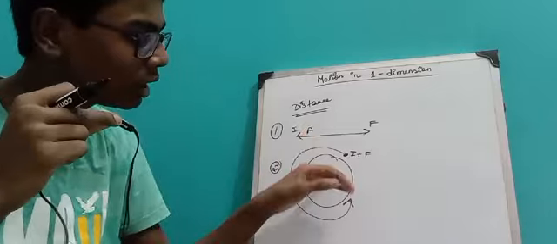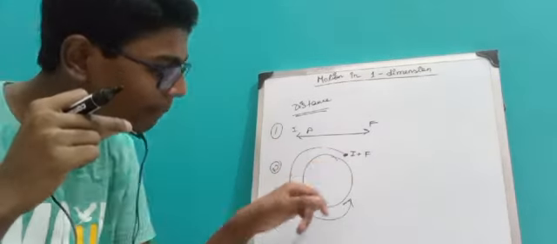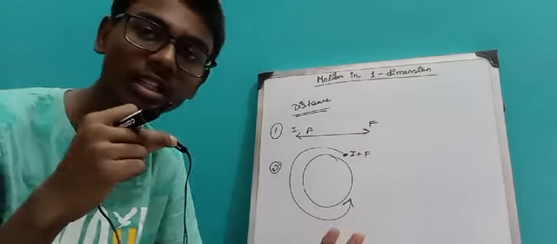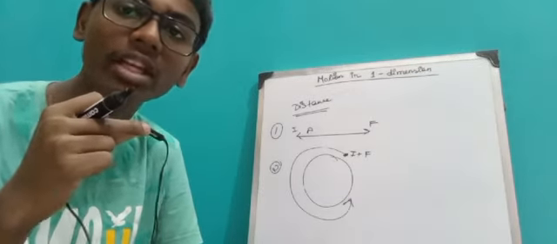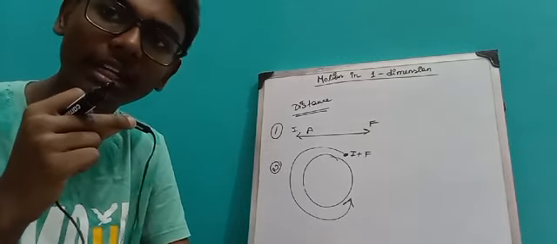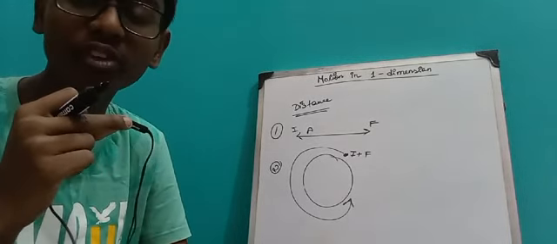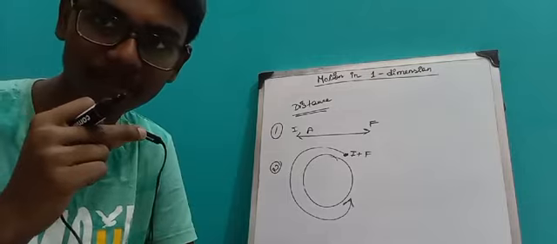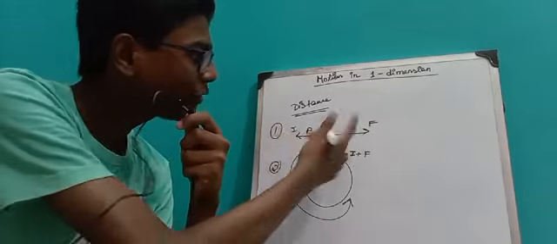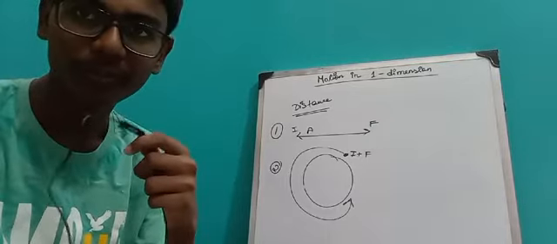So if a body is coming back to its original position, original position in the sense the position from where the body is starting, it is coming back to the same position after completing one round, or one lap. So at first let us see the first situation.